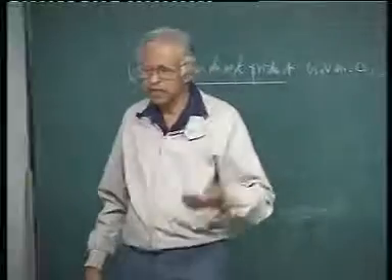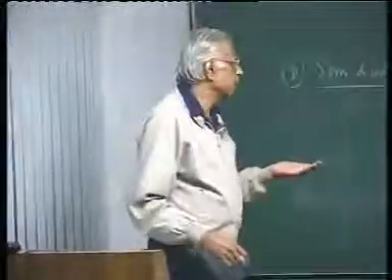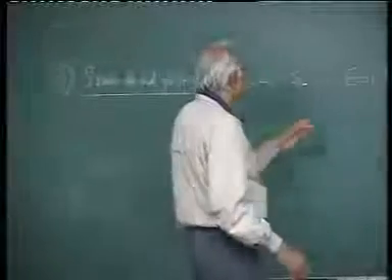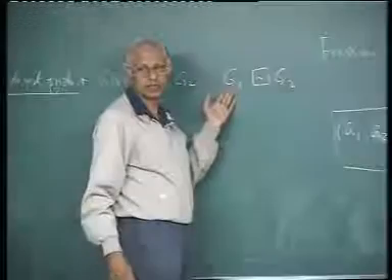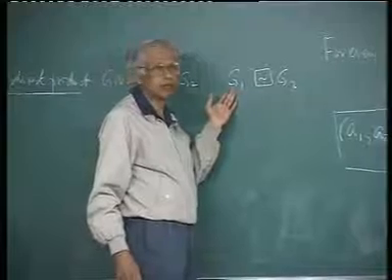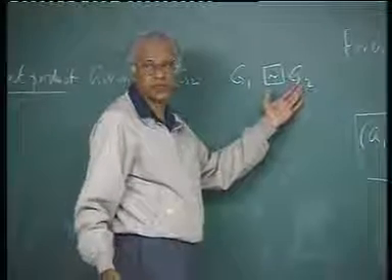And naturally also this will extend to the Galilei group, it will extend to the Poincare group. In the case of the Poincare group, G1 would be all what? Analog of rotations. What will it be? Homogeneous Lorentz transformations. What will be the G2? All space-time translations.